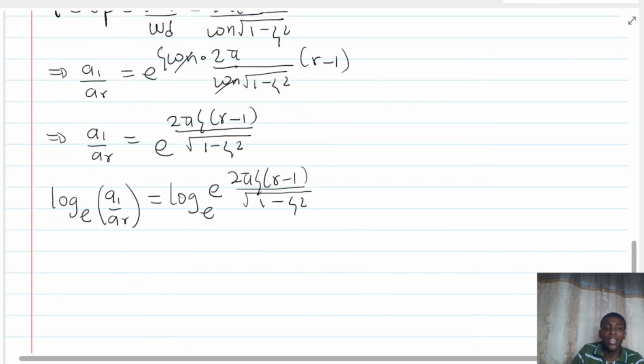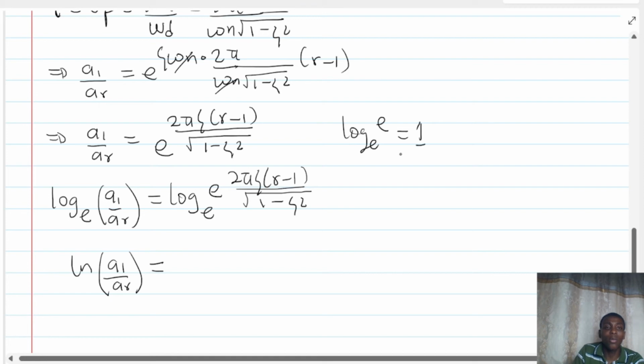But in fact, log e is the same as the natural log, which is ln. So ln of a1 divided by ar must be equal to 2 pi zeta r minus 1, all divided by the square root of 1 minus zeta squared, because log e of e is 1 from our mathematics class, from our logarithm class.